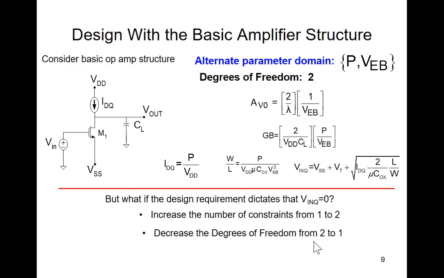So I probably won't be able to meet both the gain and the gain bandwidth product requirements, because I used my 2 degrees of freedom up previously to set the gain and the gain bandwidth product. If I fix VDQ, I can't have two more constraints. So that means I can either have a gain constraint or a gain bandwidth product constraint, but not both.